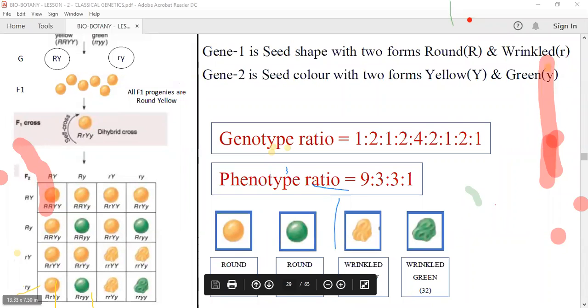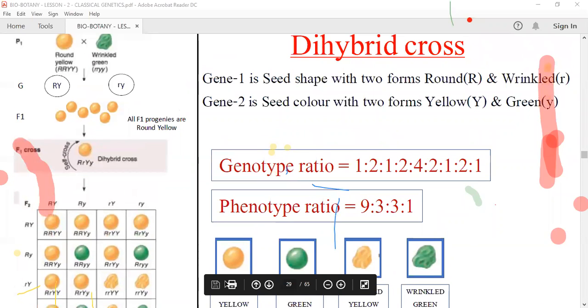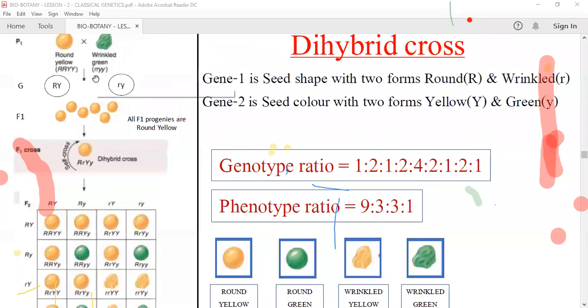Okay, now let us see here. Here it is round yellow, and then wrinkled green. So that genotype we can see: capital R round, capital Y yellow color, small r wrinkled, and small y green color. So we can get a gamete capital R, capital Y, small y.